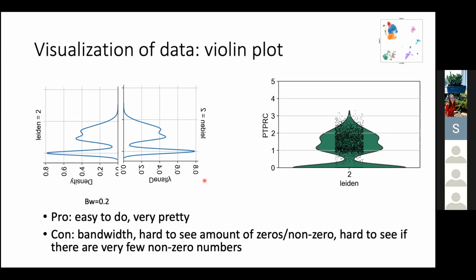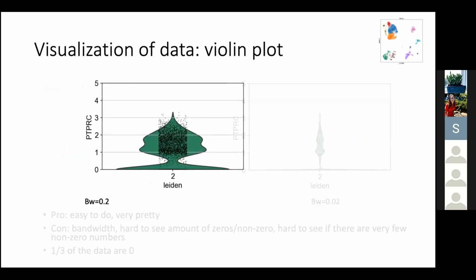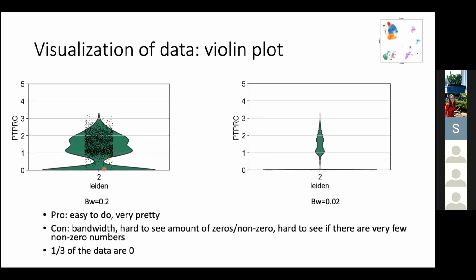But again, bandwidth is an issue. I think it's hard to see zeros and non-zeros. I think it's hard to see if there are very few non-zero numbers, right? This is just an example. Again, this is the same deal with the bandwidth, but just to emphasize this point again and again, sorry guys, I know I'm kind of harping on this now. Only 1/3 of the data are zero.